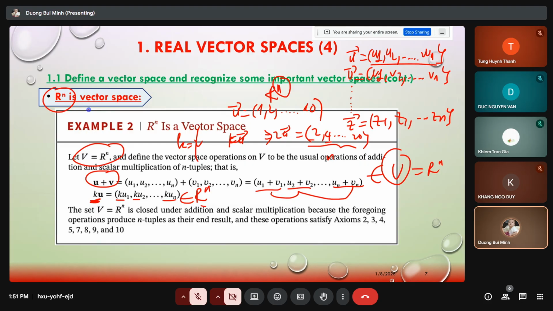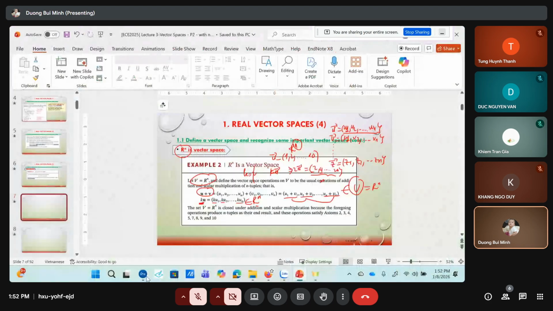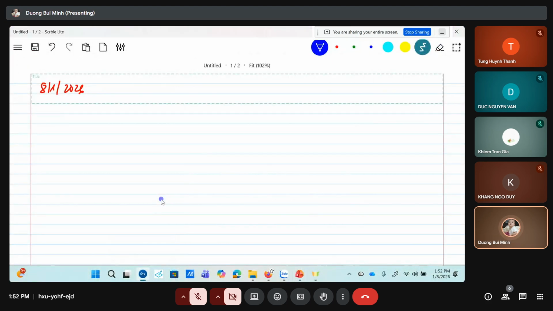So one more example. Now, for example, I have R3. Is R3 a vector space? Yes or no? Yes, this is a vector space, because R3 is a set of all vectors with three dimensions for every vector.